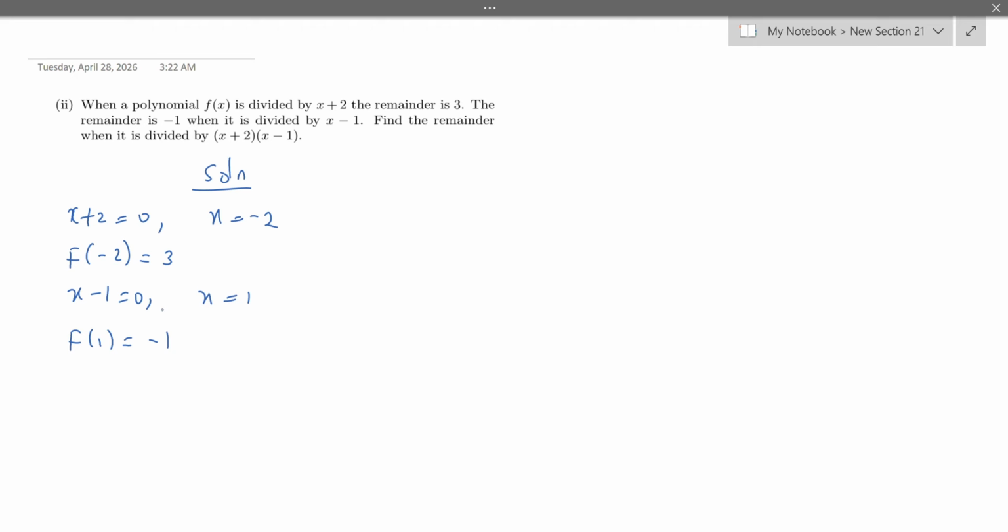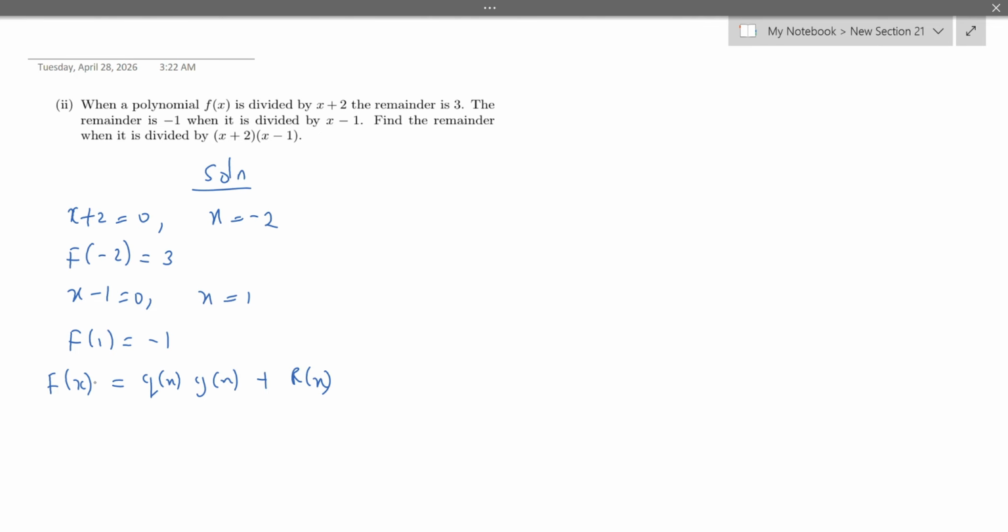So the question says if you divide by x plus 2, the remainder is 3, and the other one is minus 1. So find the remainder when it is divided by x plus 2 and x minus 1. To do that, first of all you need to write the representation: f of x is equal to q of x times g of x plus r of x.